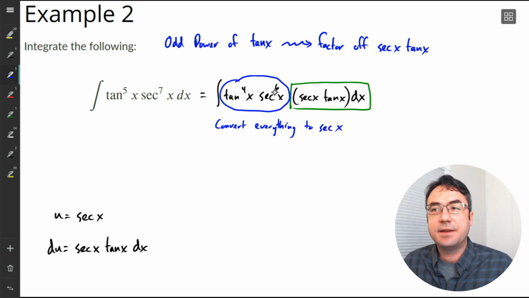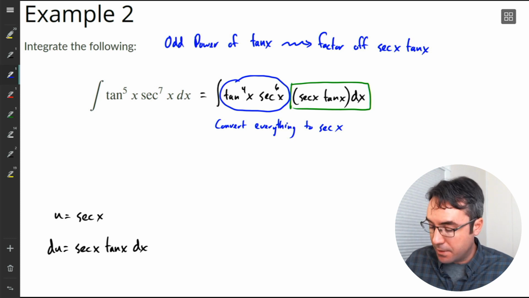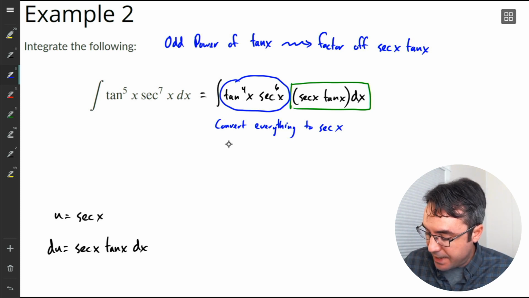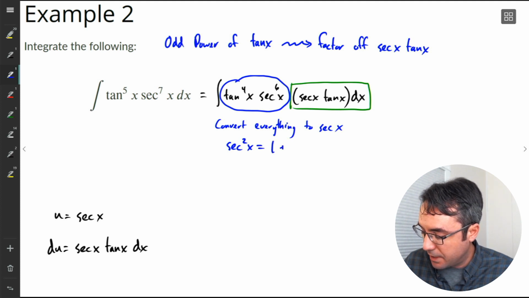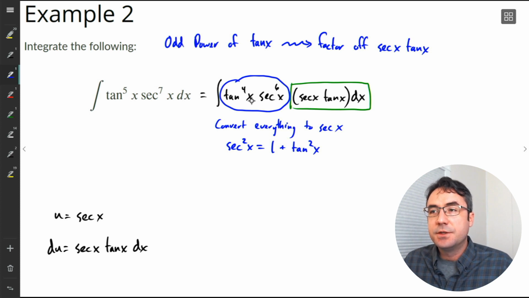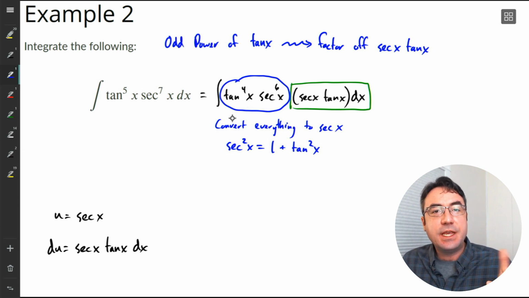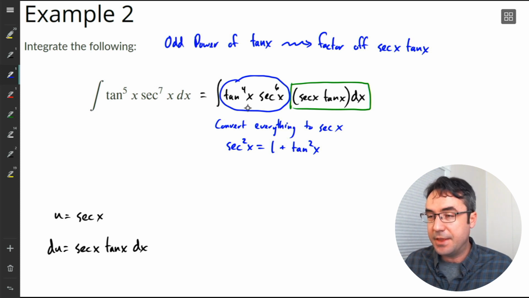So this secant raised to the power 6, that's good. We're done with that. We have to do something with this tangent x raised to the power 4, and we know that secant squared is equal to 1 plus tangent squared x. So we know how to convert even powers of secant and tan. And that's what we're going to do here.